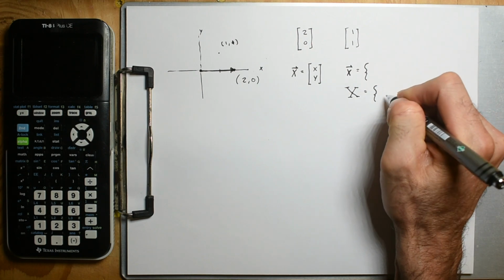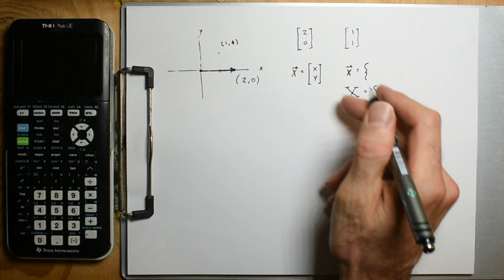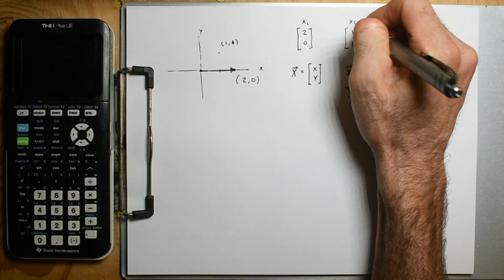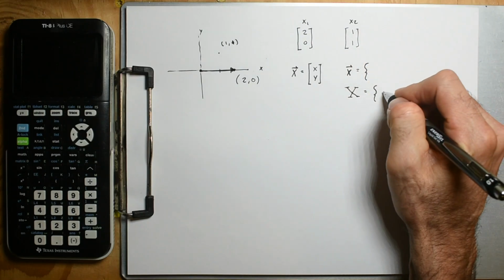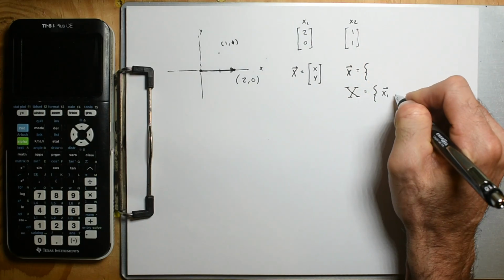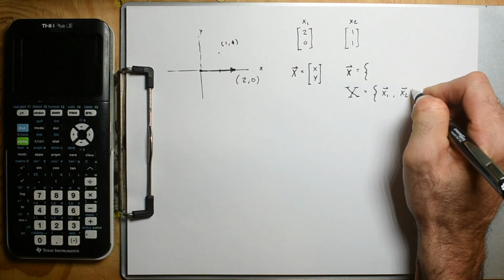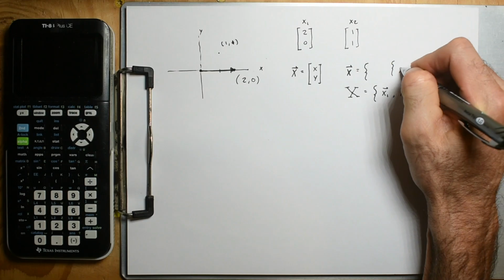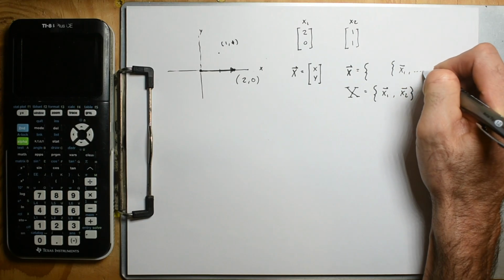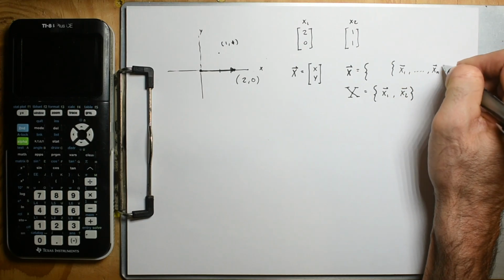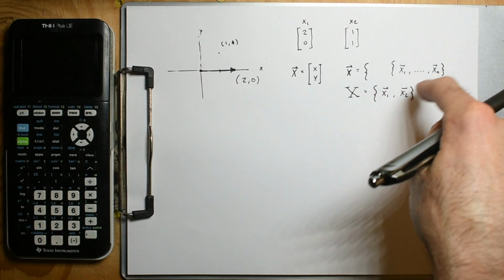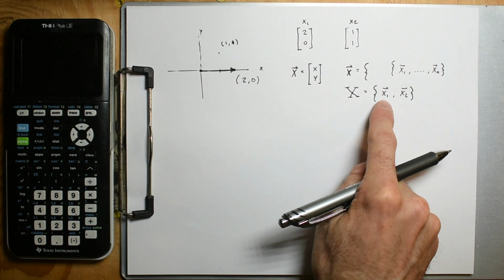So is this how I would represent it? This is going to be x1, and this is going to be x2. And if we had a bunch of them, you would write x1, dot, dot, dot, xn.